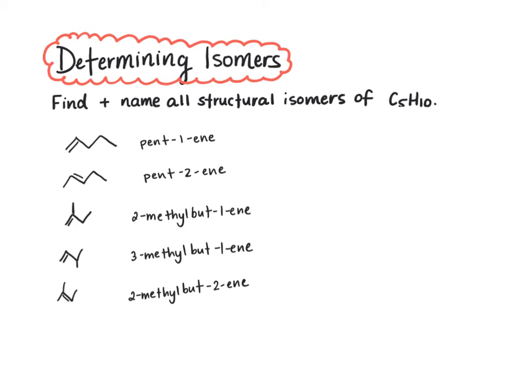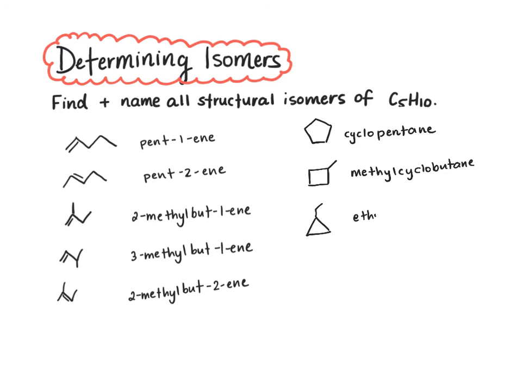So now we're going to look at our rings. So I'm going to start by drawing a 5-membered ring. Simplest ring I can draw, and that's going to be cyclopentane. Now I'm going to make it a slightly smaller ring, so 4, and that requires me to have a methyl group. That's going to be methylcyclobutane. Now I'm going to make that one smaller, start with cyclopropane, and I'll make an ethyl off of that, ethylcyclopropane.